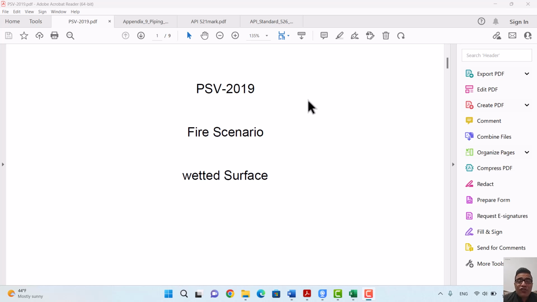Remember, as I said, in a fire scenario we have two equations developed in API. The first equation was developed for wetted surface area, and the second equation was developed for unwetted surface area. You can go to my website and download the episode explaining how to use the API statement to size a PSV for unwetted surface area.